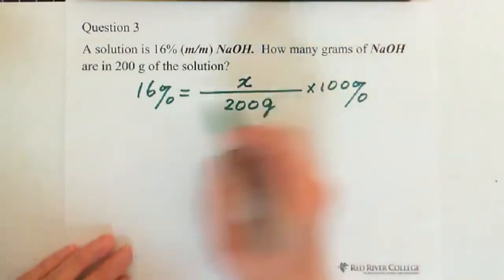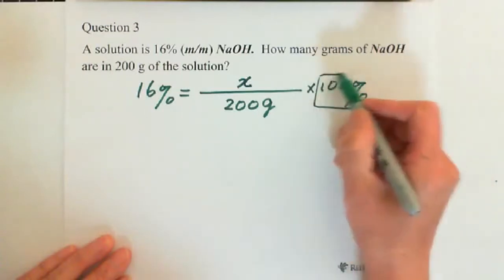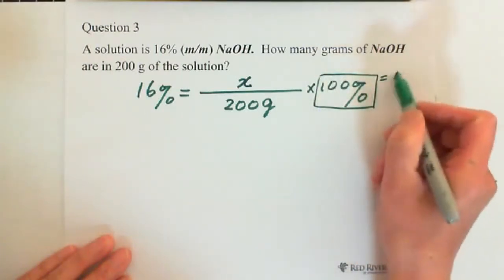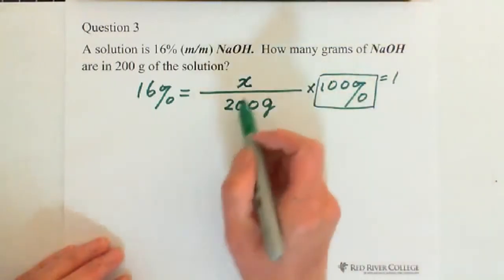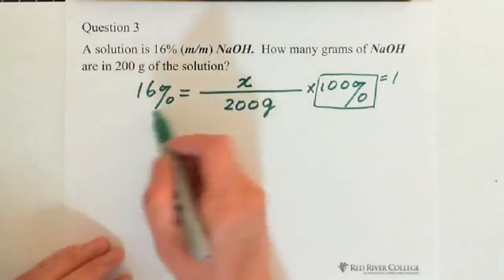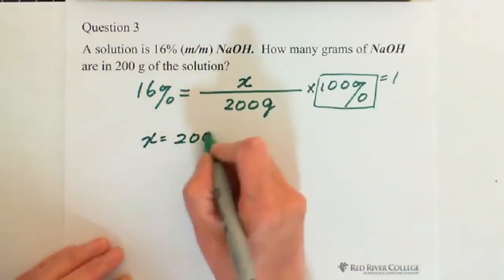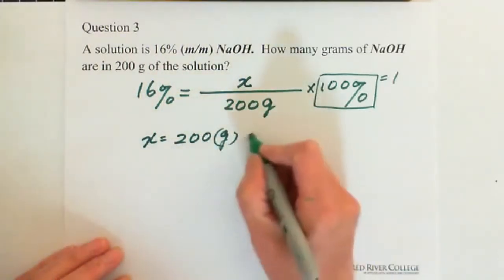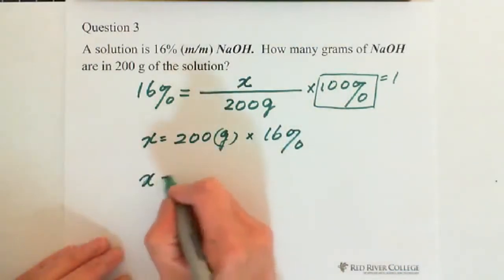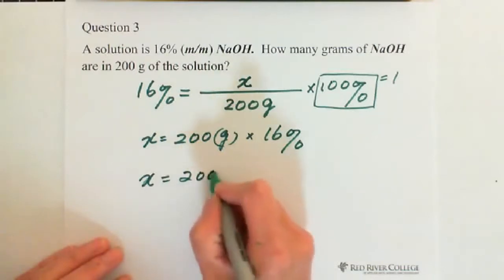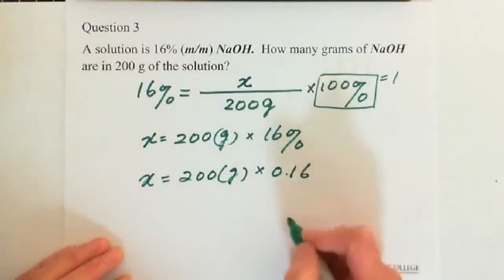In this situation, we already have a percent, so this 100% is equal to 1, right? When you do the calculation, we don't need to carry this, because it is 1. Then we cross multiply. So X equals 200 grams multiplied by 16%, which is 200 grams multiplied by 0.16.